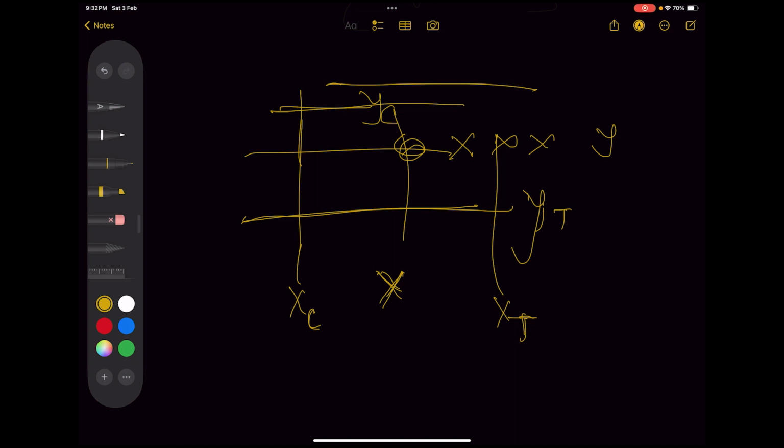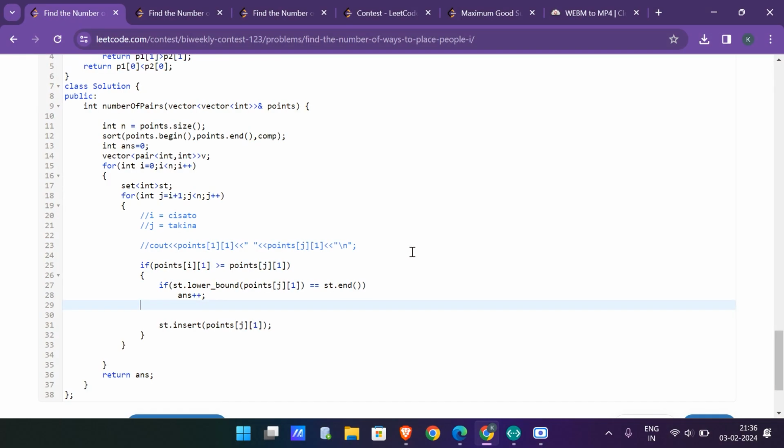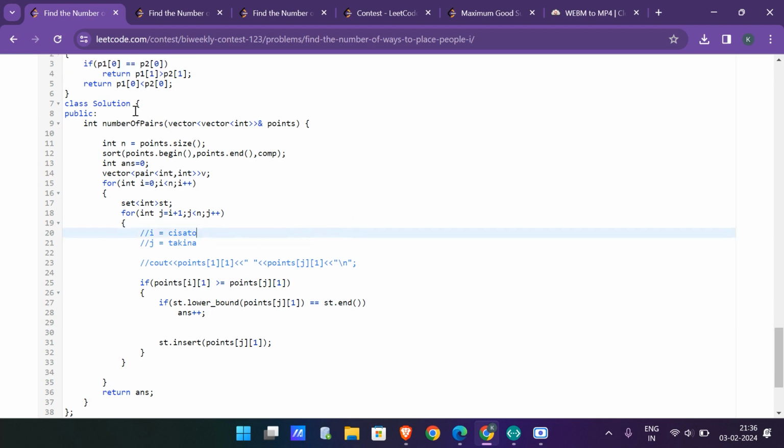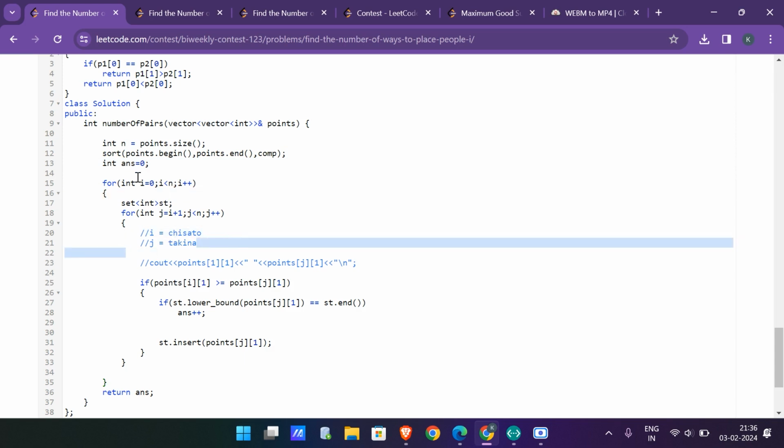So let me show the code and it will be more clear. What I have done in this code is, first I've taken n as the points size, then I've sorted the points with x in increasing order and y in decreasing order using a comparator. Now I'm traversing through the points. i is representing Sisaster and j is representing Takina, and since it is sorted by increasing x coordinate, Takina's x coordinate will definitely be greater than or equal to Sisaster's x coordinate.